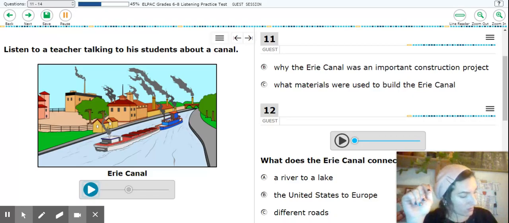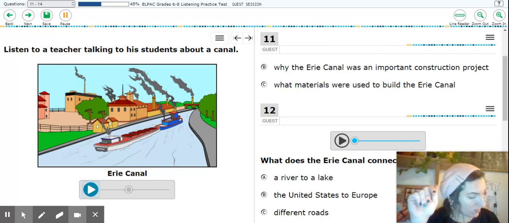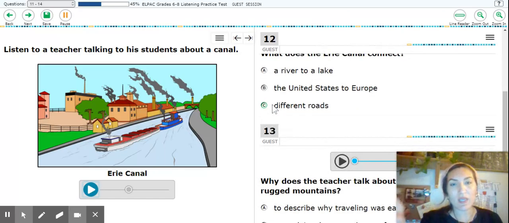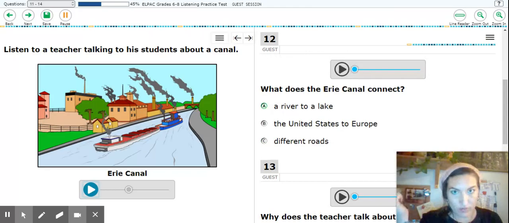Hudson River in New York to Lake Erie. Okay, now, look, number 12 doesn't say Hudson River or Lake Erie. I know it's in the United States, so don't get confused.